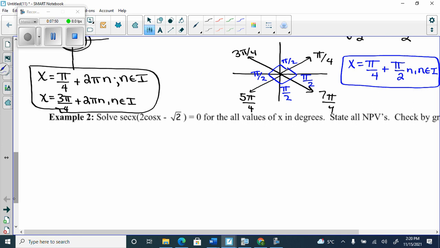But if you just went pi over 4 plus 2 pi n, you've literally just covered all these coterminals that only go with pi over 4. You've literally only covered this one solution. So then you'd have to go 3 pi over 4 plus 2 pi n to cover all the ones that land on there, and then 5 pi over 4 plus 2 pi n, and 7 pi over 4 plus 2 pi n.